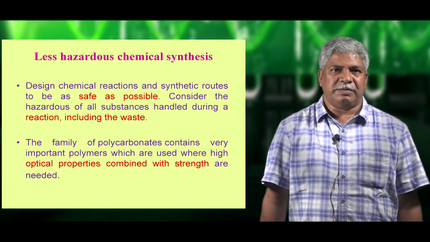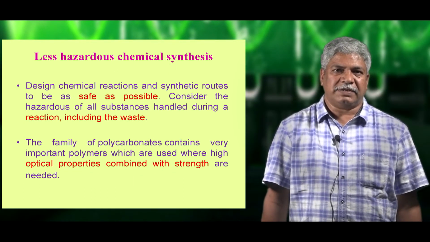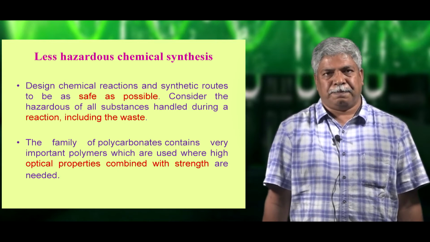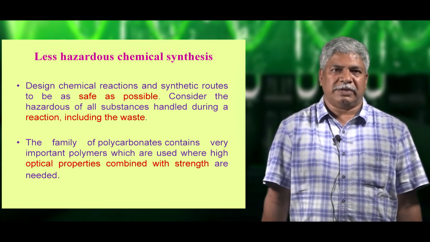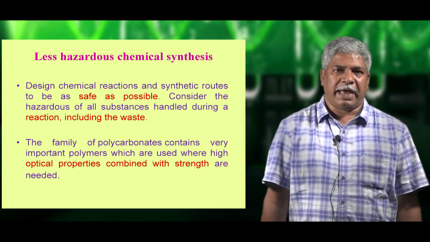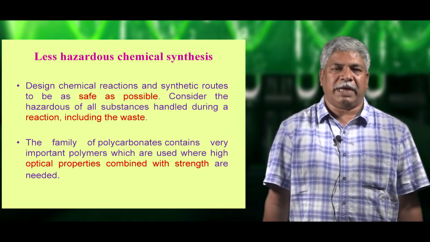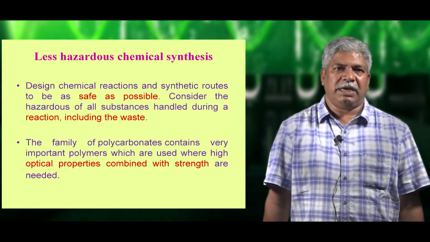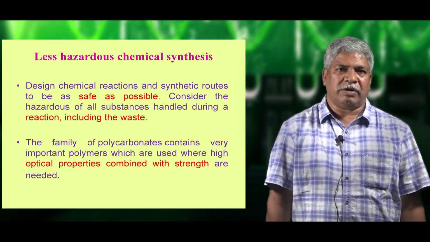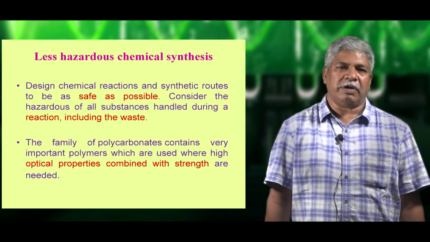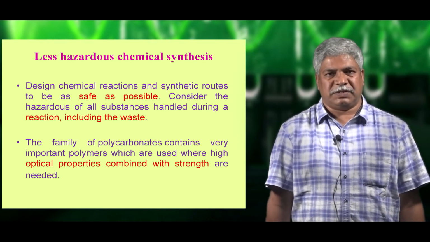Now the third principle is less hazardous chemical synthesis. When we do a reaction, we should carefully see what reactants we are taking for that reaction. It should not be a hazardous substance, or if at all, we should take less hazardous substances.